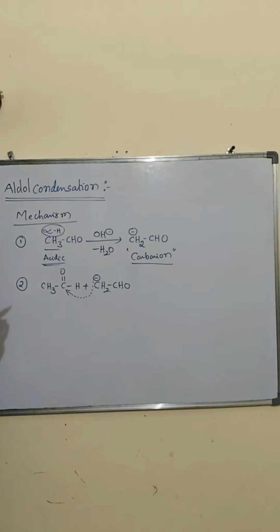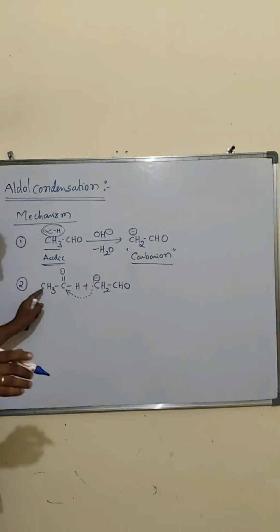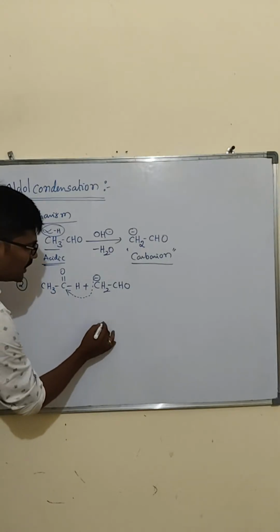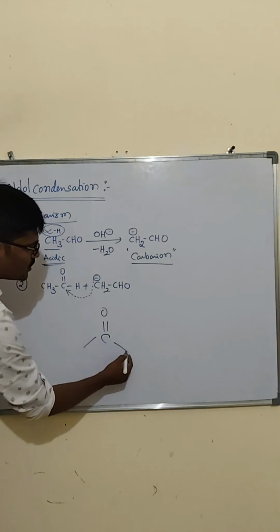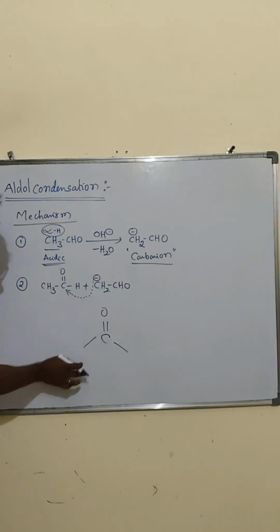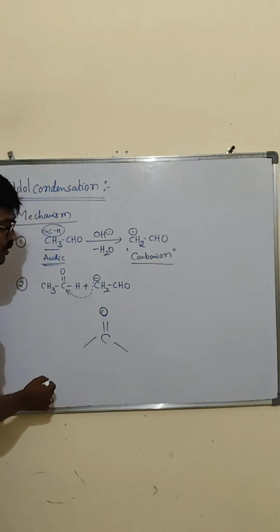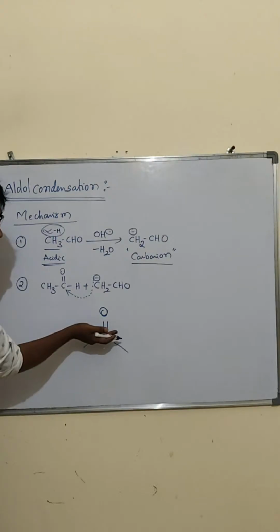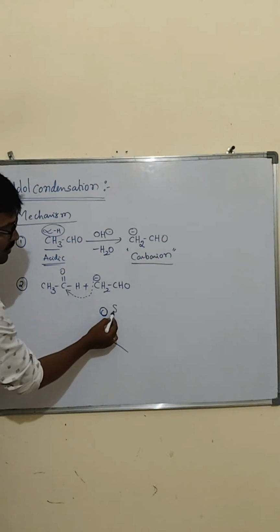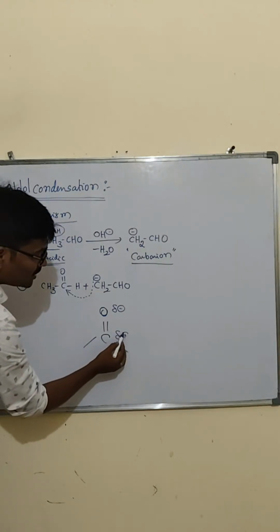Sir, you may have a doubt why it attacks only the carbonyl carbon. We discussed that it is polar in nature. The bond between carbonyl carbon and oxygen is a polar bond. Because oxygen is the most electronegative, electrons are attracted towards oxygen. Here a partial negative charge is formed, and here a partial positive charge is formed.